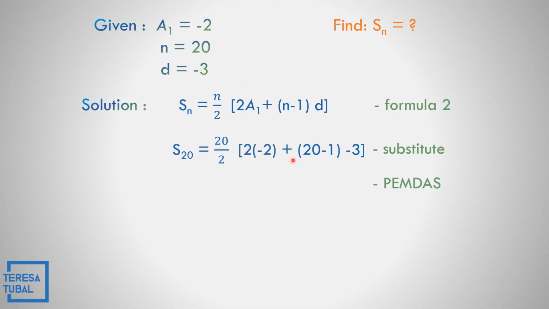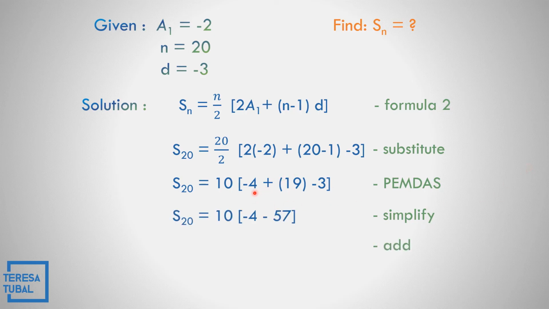By means of PEMDAS, multiply inside the parentheses: 2 times -2 is -4, and 20 minus 1 is 19, copy -3. We may divide 20 by 2, that is equal to 10. Then simplify: copy 10, copy -4, and 19 times -3 is equal to -57.